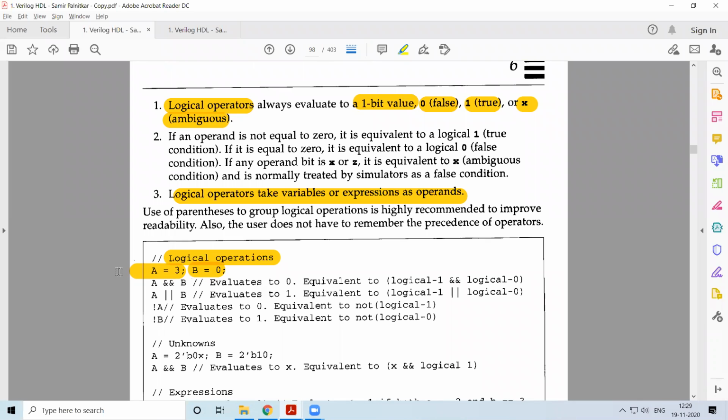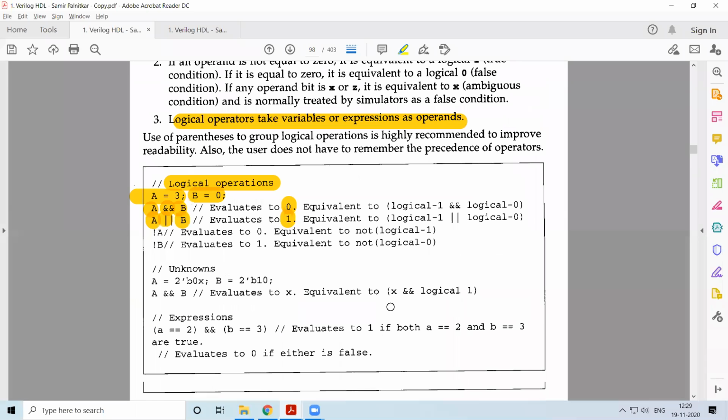So here, logic 1 ANDed with logic 0, because a is 3, so logic 1 ANDed with logic 0, 1 and 0 will evaluate to 0. Similarly, logic 1 ORed with logic 0 will evaluate to 1. So it is just a 1 bit result for these logical operators.